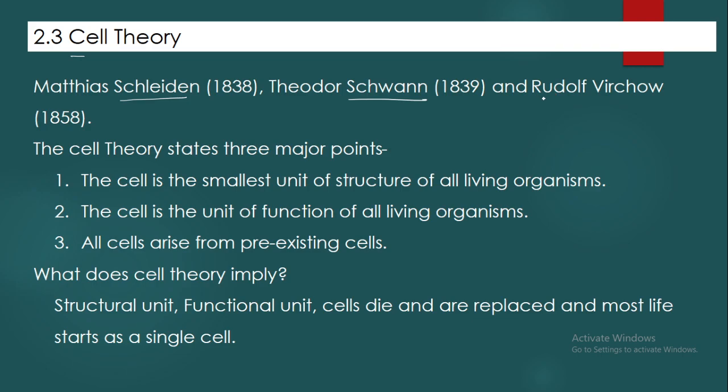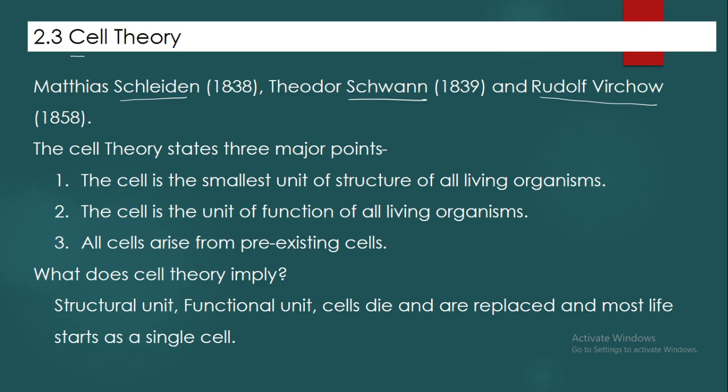Further, Rudolf Virchow added one more point. Schleiden was a botanist and Schwann was a zoologist: study of the plants, study of the animals.